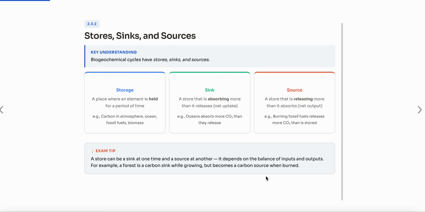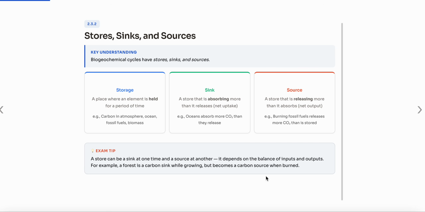A sink is a store that is absorbing more than it releases. It's a place where the element is absorbed more than it is released, so there is a net uptake happening. If we talk about the ocean, we know the ocean absorbs more carbon dioxide than it releases, so the ocean becomes a sink for carbon.